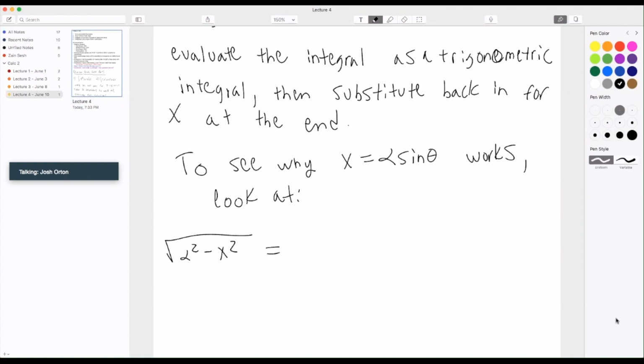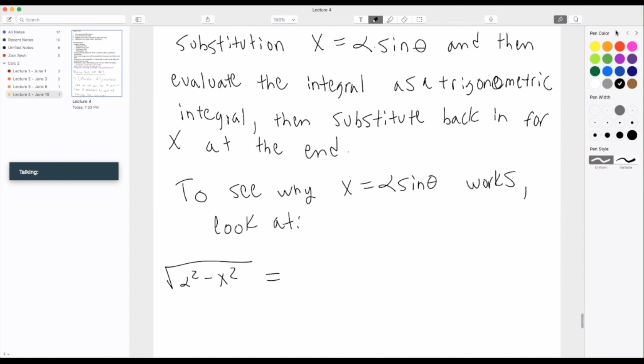The circle function, right? It's essentially the circle function. Alpha would be the radius, and to get the y coordinate, you can substitute in.